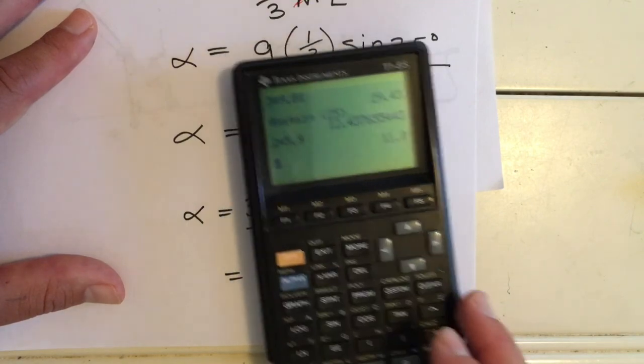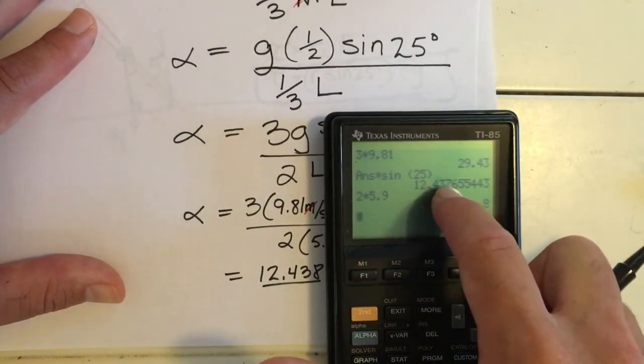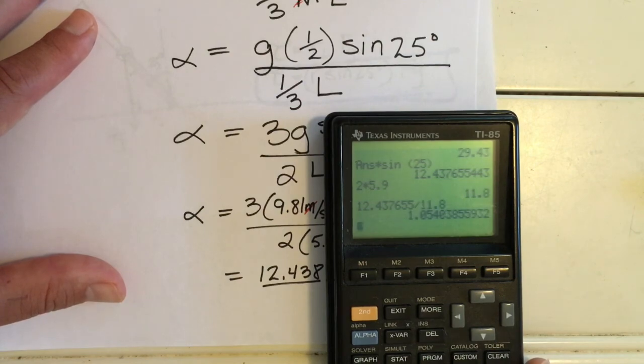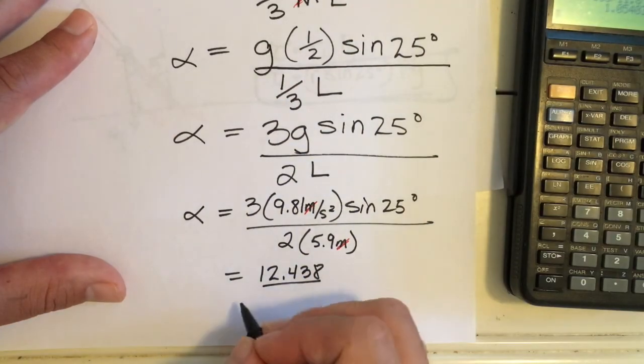Okay, so I have this number divided by 11.8, so 12.437655. I'll just try and keep some of those digits. Divided by 11.8 is about 1.05 radians per second squared. All right.